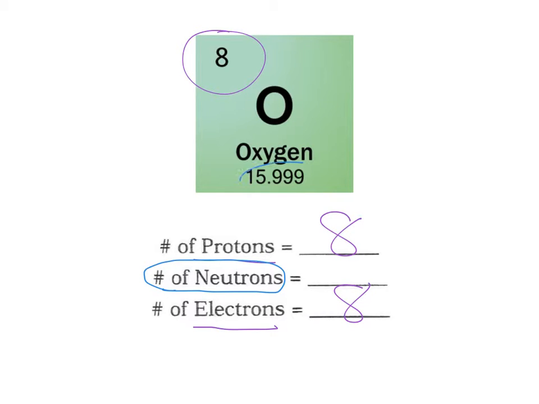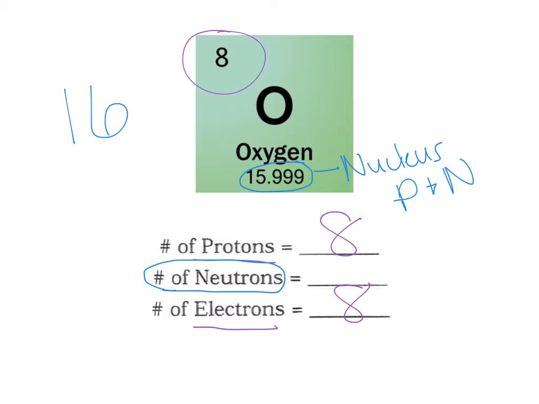So what I remember is if I take my atomic mass, that's the mass of the nucleus. So the mass of the nucleus of oxygen. So if I take that number and I round it to the ones place, so if that 5 looks at the 9, the 9 tells that 5 to go higher, so it's going to be 16. And I know my nucleus is made of protons and neutrons.